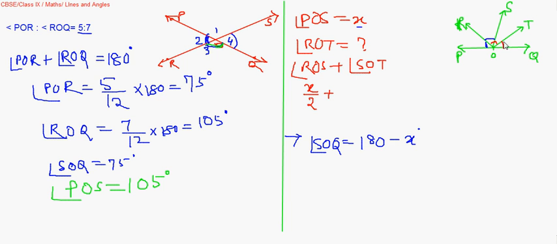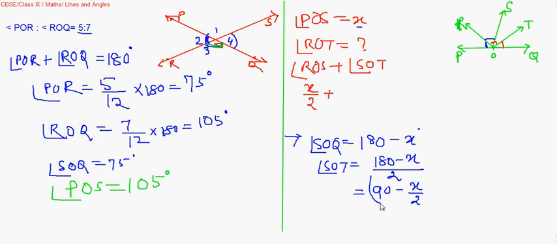If SOQ is 180 minus X degrees, then SOT will be 180 degrees minus X, by 2. It will be 90 minus X by 2 if I give it a common denominator.